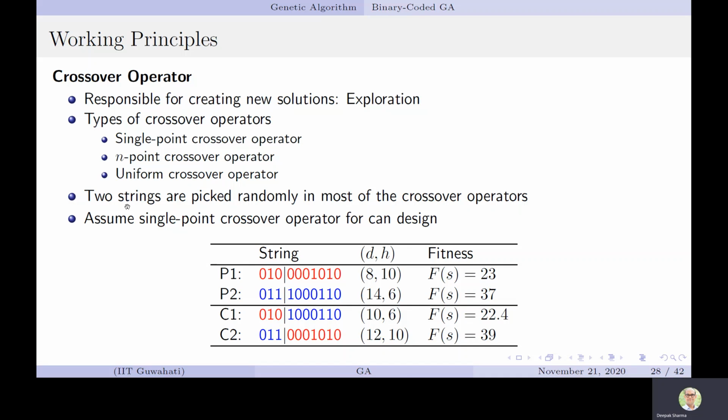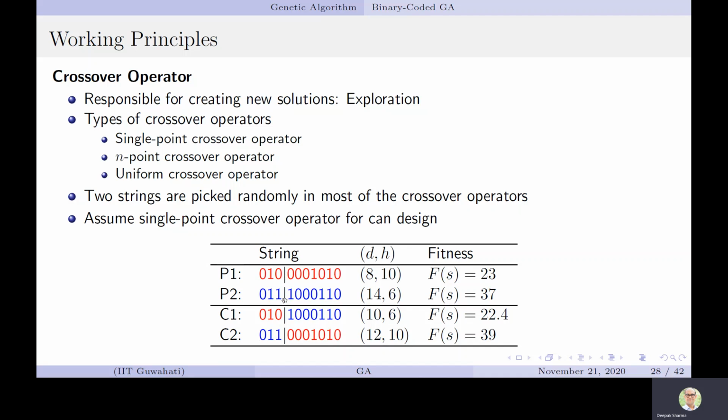In most crossover operators, two strings are picked randomly. So let us assume the single point crossover operator for the can design. P1 and P2 mean we have selected 2 solutions randomly from the population. The binary string in red is represented by P1 and the one in blue by P2. You remember how we do crossover.